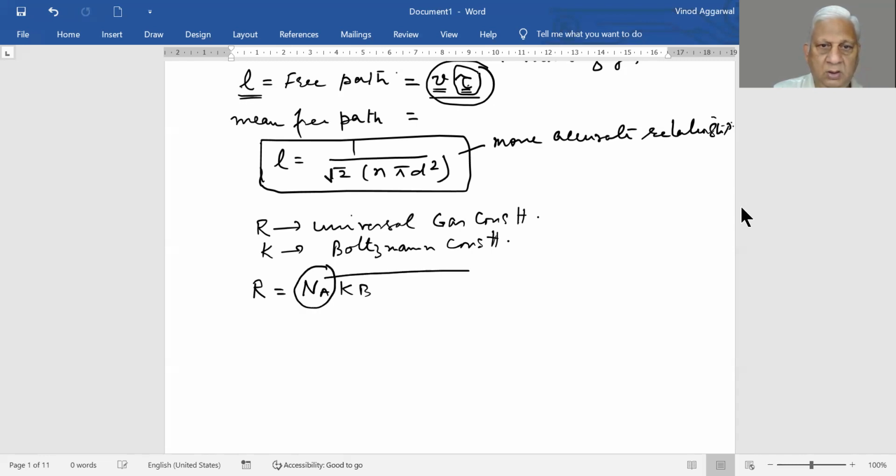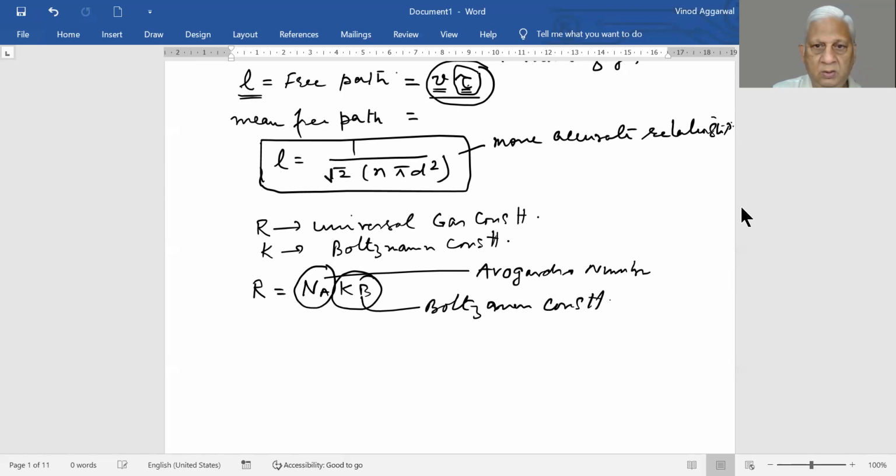This is Avogadro number. This is our Boltzmann constant. And this is our universal gas constant.